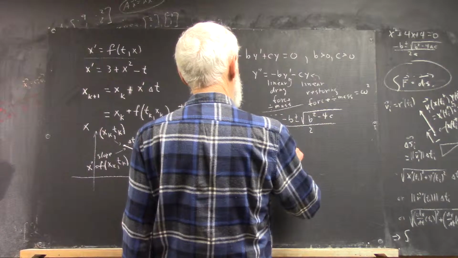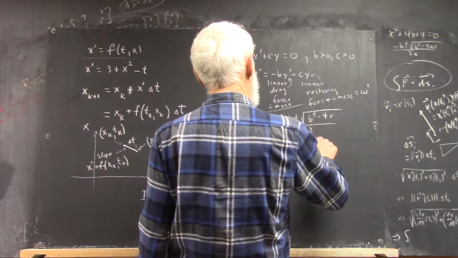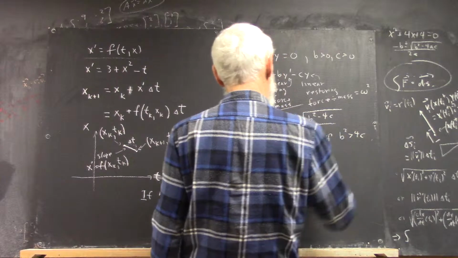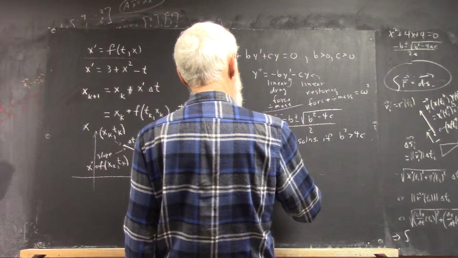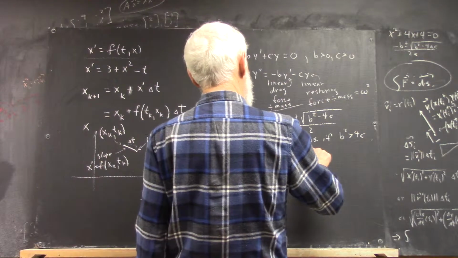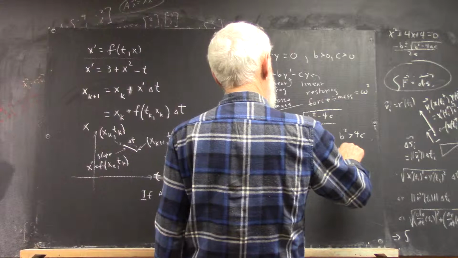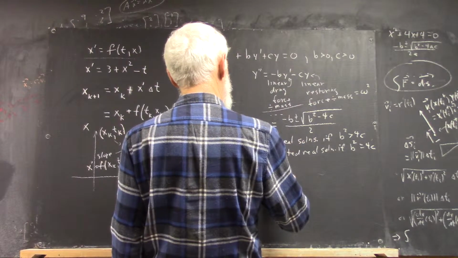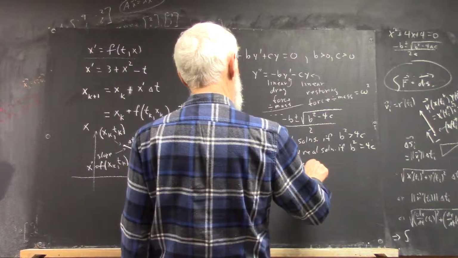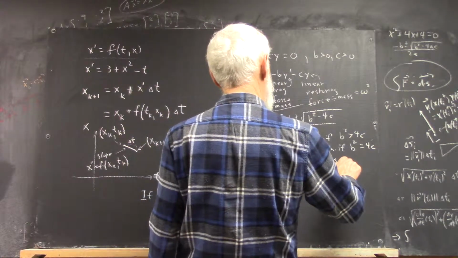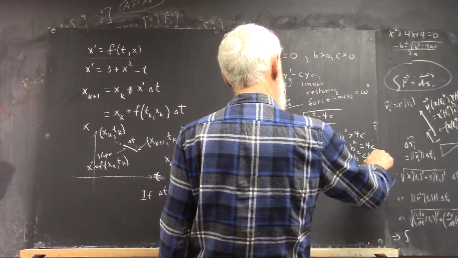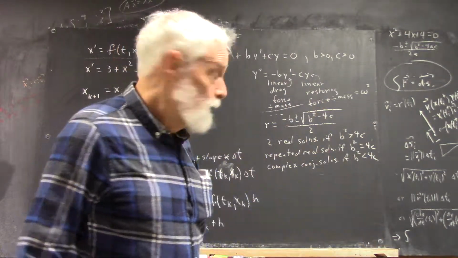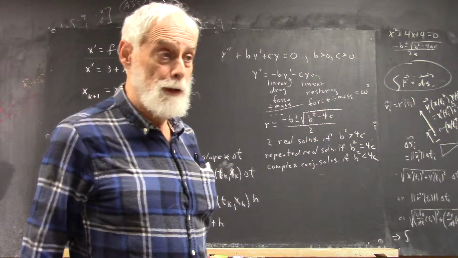Right, we agree that depending on this discriminant, we get two real solutions, a repeated real solution, or a complex solution.